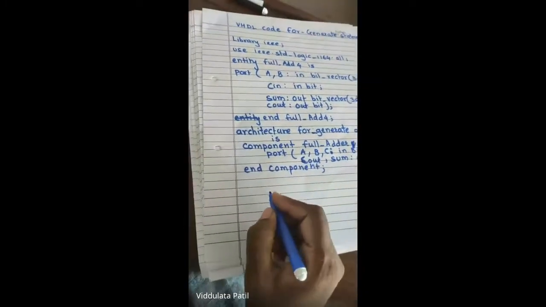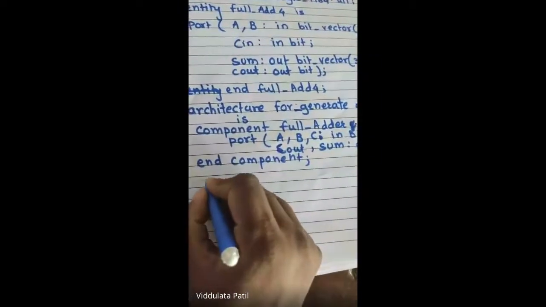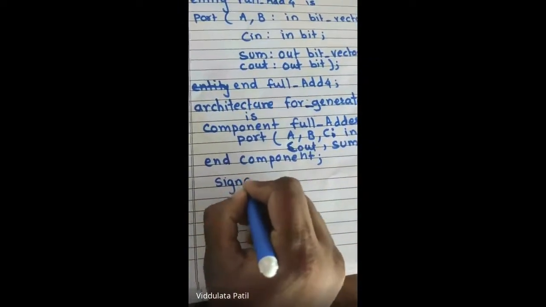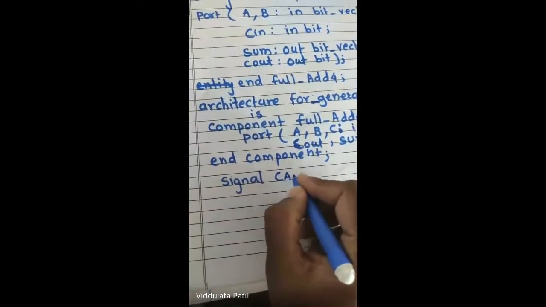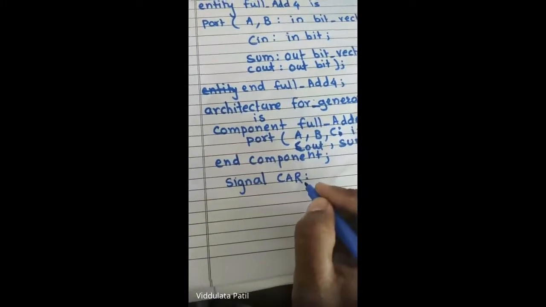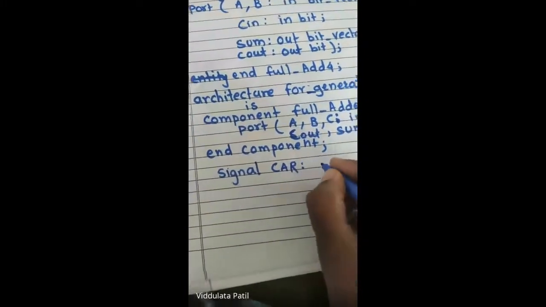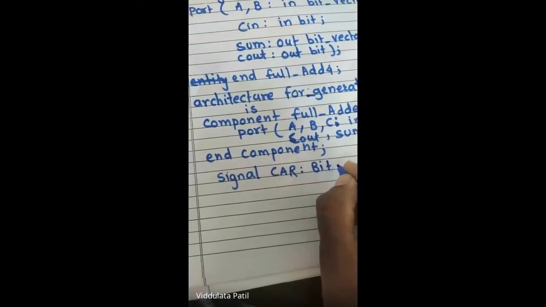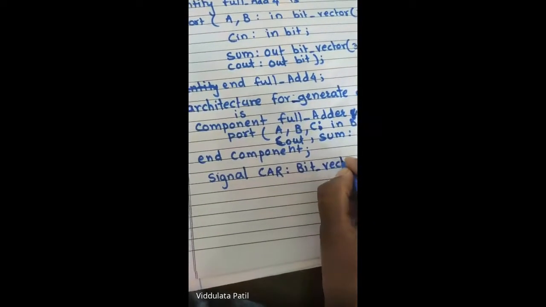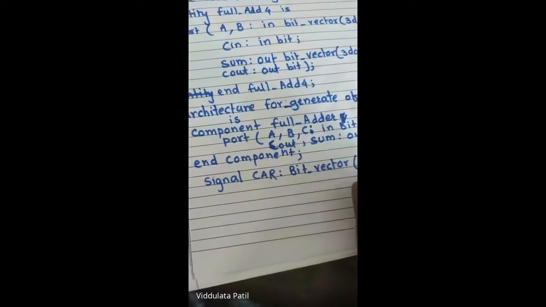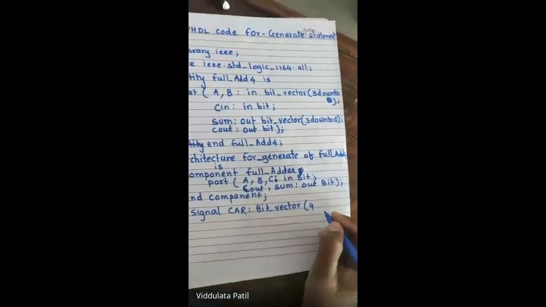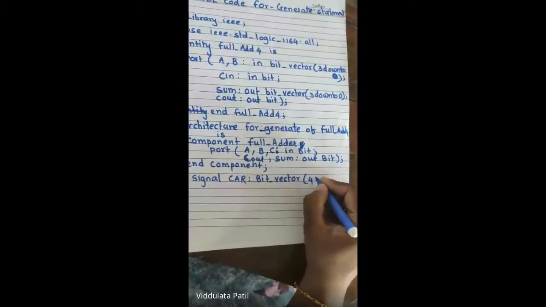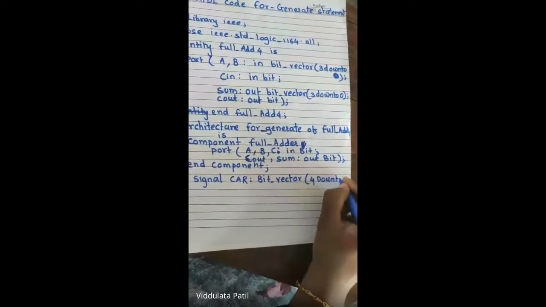Semicolon. Now again I am going to declare one signal. Let us give the name as car. This is a bit_vector, and instead of giving the range 3 down to 0, for this I'll give the range as 4 down to 0.